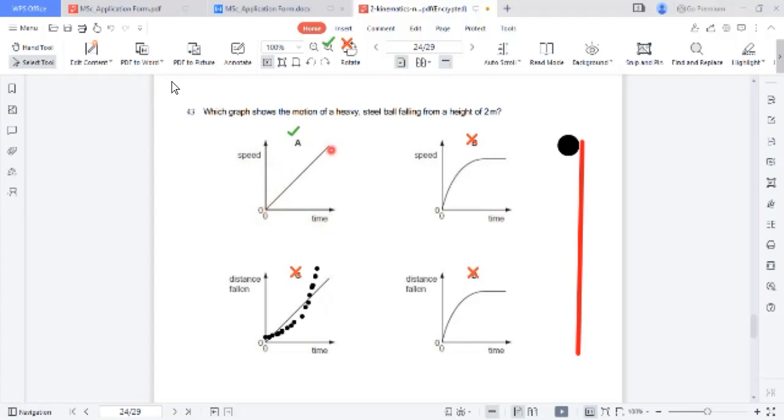So gravitational acceleration is a uniform acceleration. That's why its graph would be something like this. Okay, let's move to the next one.